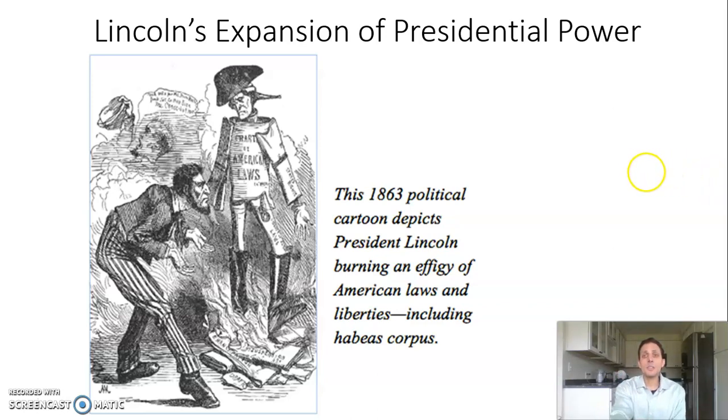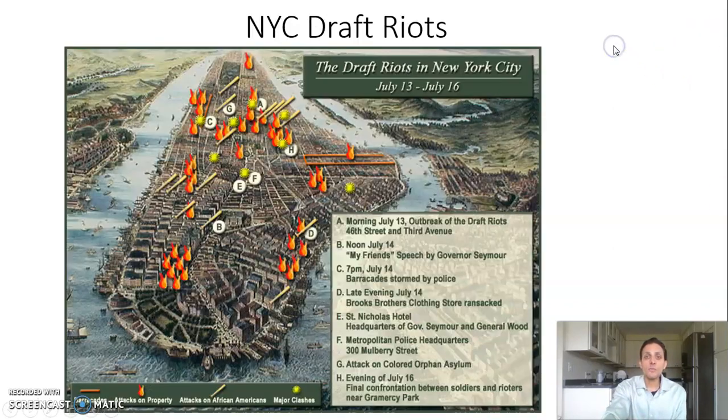So a lot of his political enemies are going to be very critical of Lincoln for some of the things that he does during the Civil War. And Lincoln will make the argument, as many presidents and governments will at times, that it's necessary during a war to limit people's freedoms in order to be victorious and to have a united front to win a war.